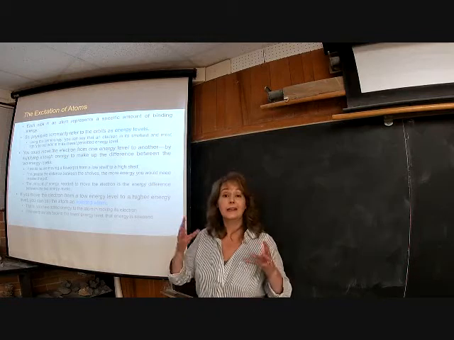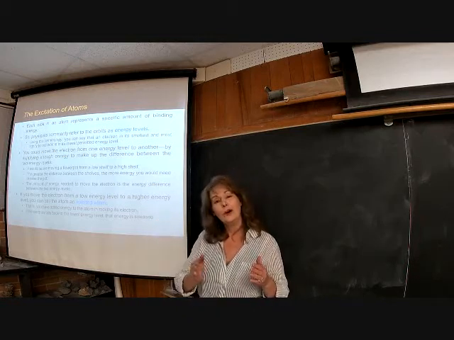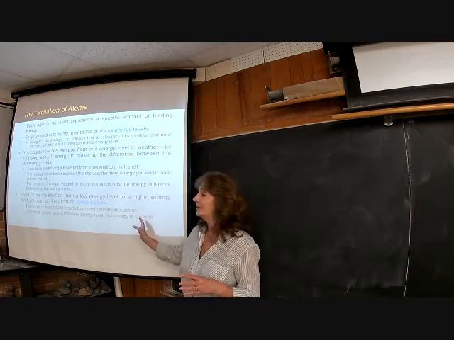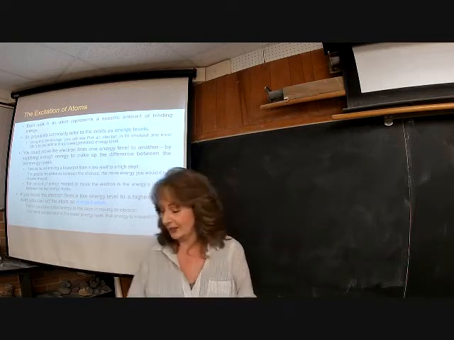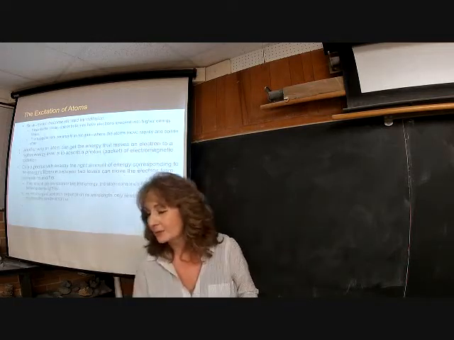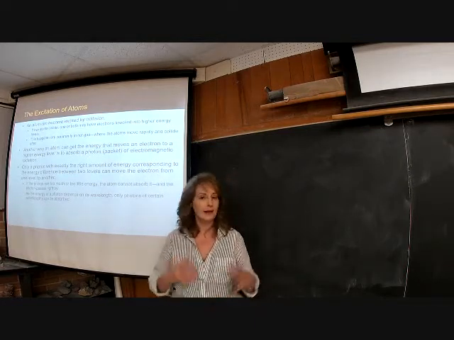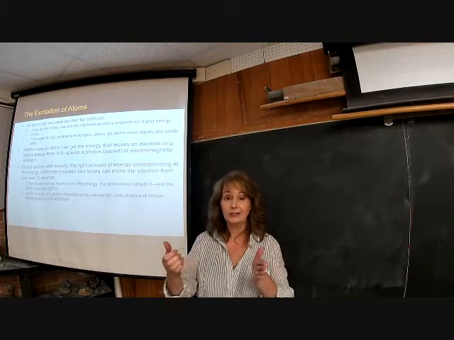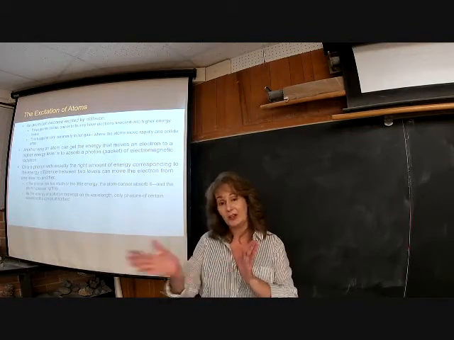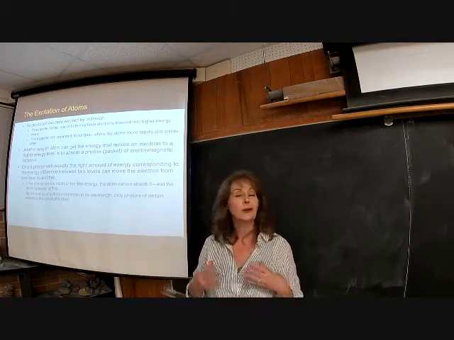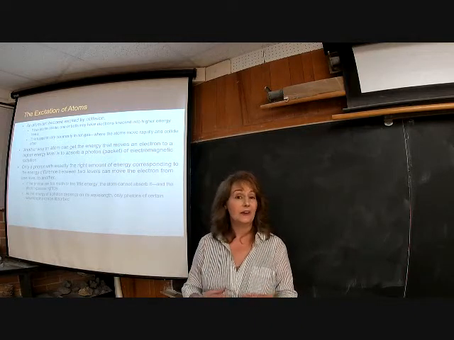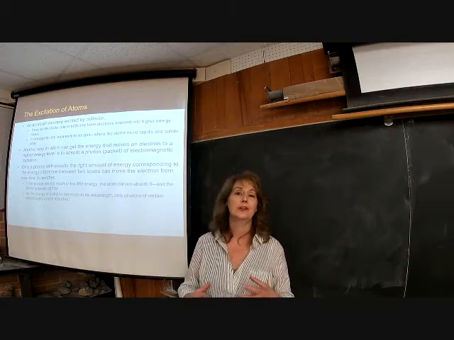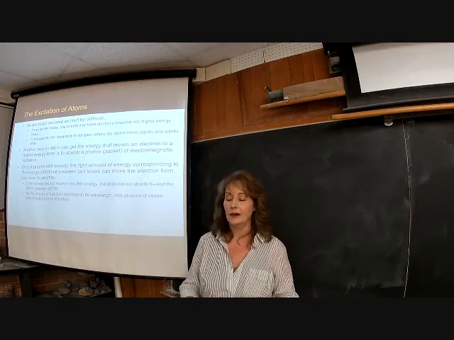And like I said, it can't stay excited forever, and so it will fall back down to the ground state, the stable state, and it's going to end up releasing that energy. Okay. So they can become excited by slamming into other atoms, right? So that would definitely slow their speed, change their direction. And so that does happen in a very hot gas when you've got the high temperatures, you've got the speed of those electrons really moving in there.